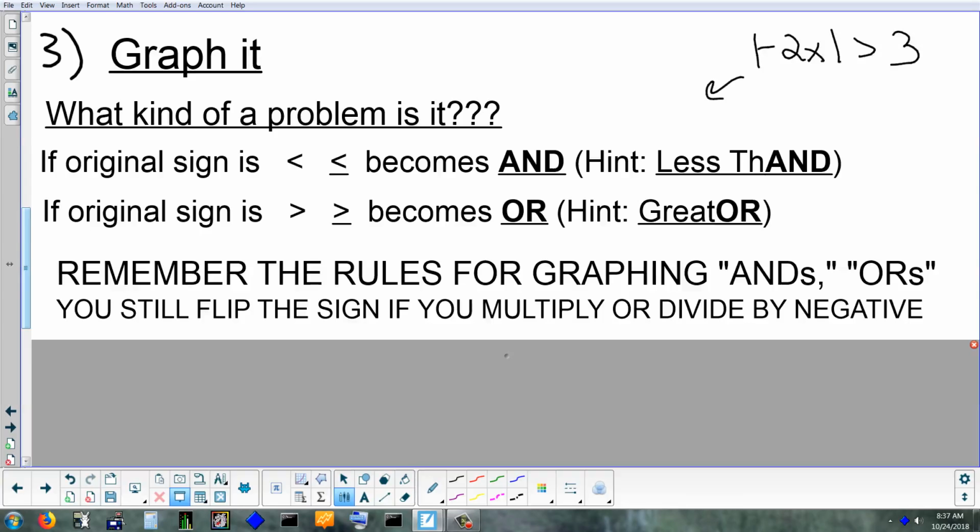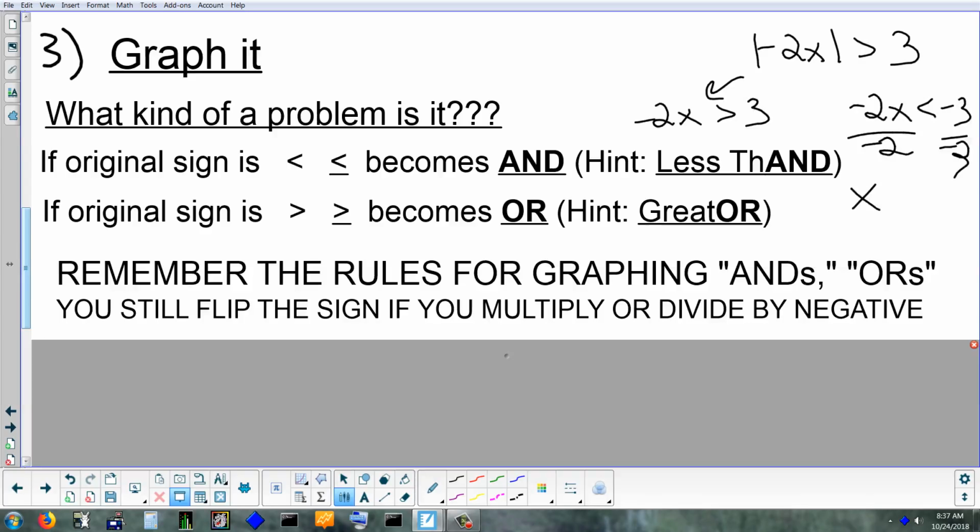Again, I'll split it, it'll become 2x greater than 3. Over here, it'll be negative 2x. Flip the sign, right? So the arrow's now pointing at the negative 2x, make it a negative 3. So I flipped it once. Now, I'm dividing by negative 2, right? X, I gotta flip the sign again.